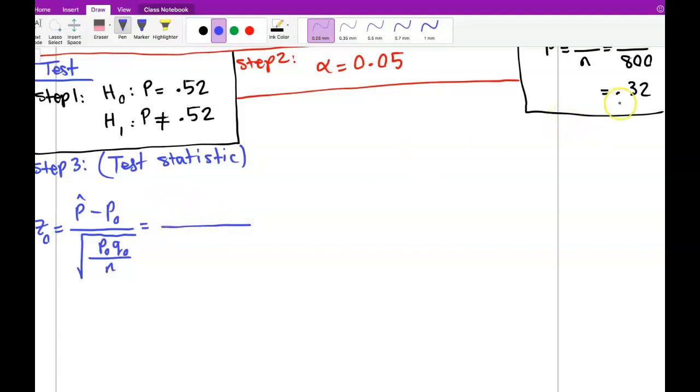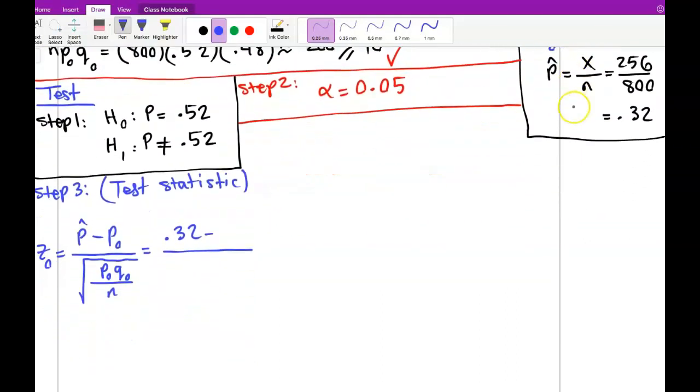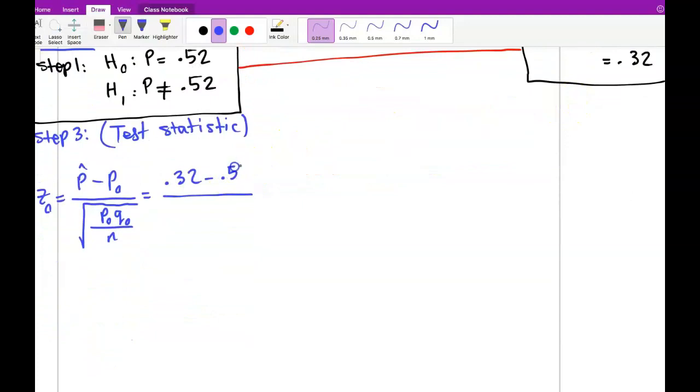Okay, p hat was 32%, and here we had 52%, divided by the square root of 0.52 times q, divided by n as 800.